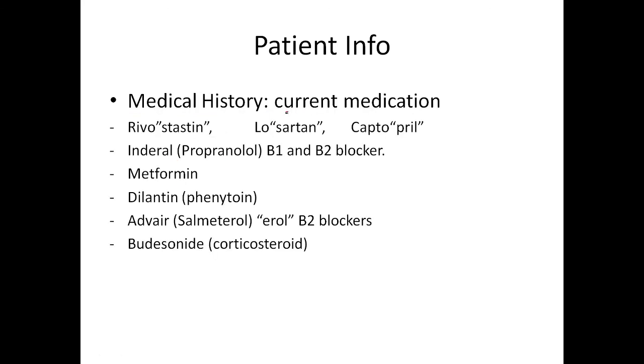Okay. And then here you have current medication. They could be on different medications. So for example, if they're on a statin, that means they have high cholesterol. If they're on a sartan, which is an ARB, an angiotensin receptor blocker, and if they're on a pril, which is an ACE inhibitor, like captopril, these are antihypertensive pills.